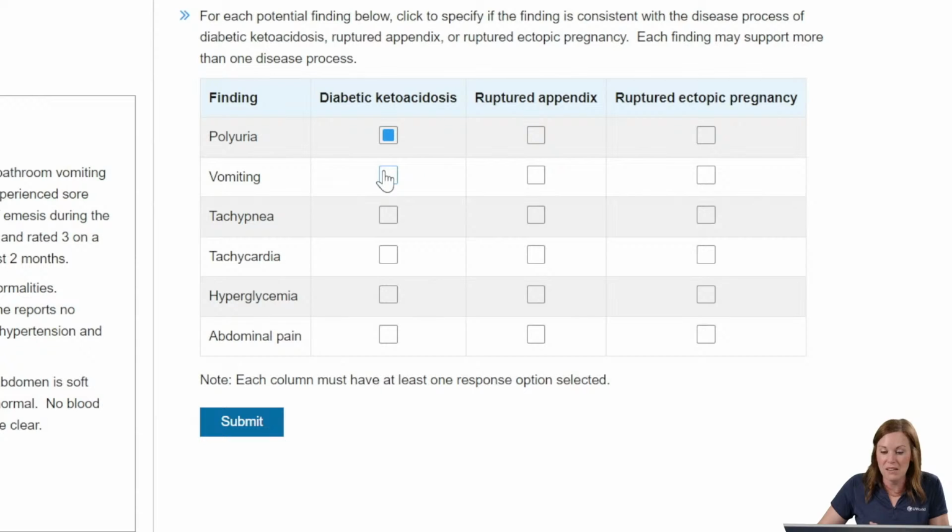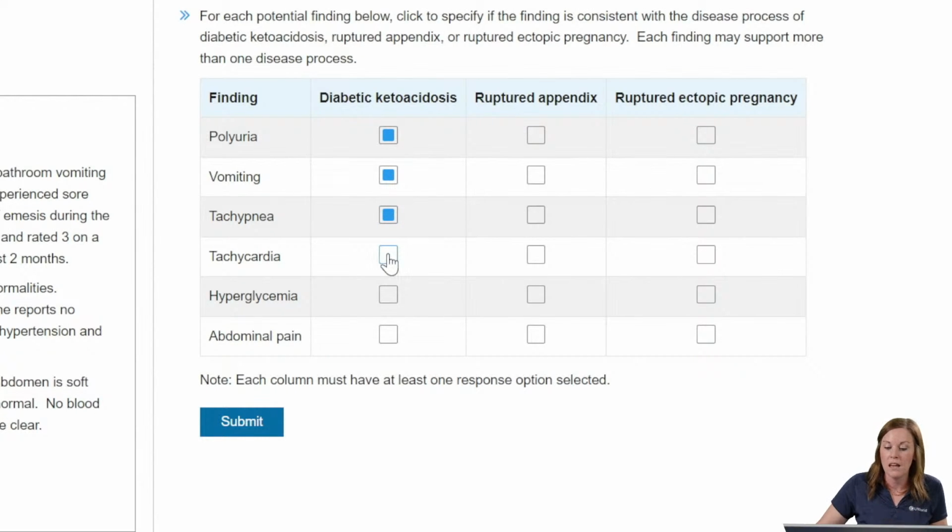We're going to have vomiting. The breakdown of ketones into energy yields a byproduct that, once it gets into our digestive tract, is going to cause that abdominal pain, that nausea, and that vomiting. You're also going to see tachypnea, that rapid breathing. These are those Kussmaul respirations.